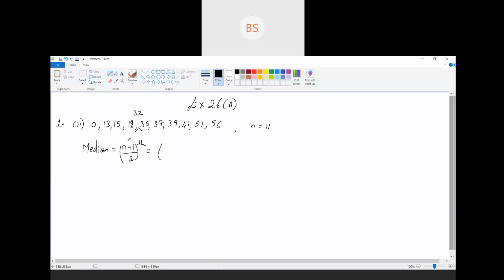So this will be (11 plus 1) by 2, that is 12 by 2. So median is the sixth observation. Now here the sixth observation is 35. So median is equal to 35. Getting this?